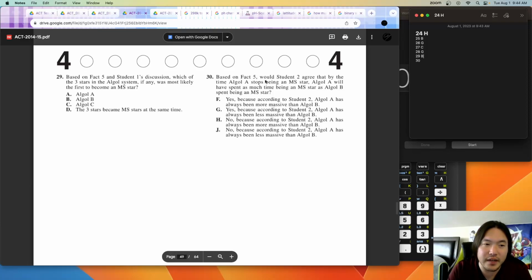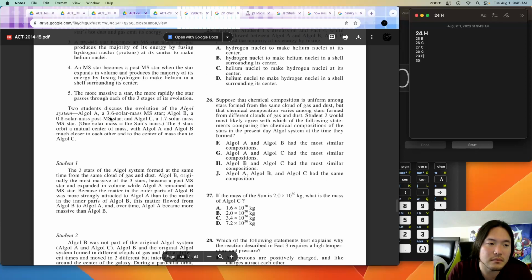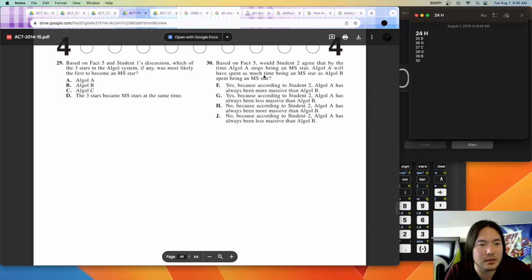Question 30, based on fact 5, would student 2 agree that by the time angle A stops being an MS star, angle A will have spent as much time being an MS star as angle B spent being an MS star? Angle B is post-MS.